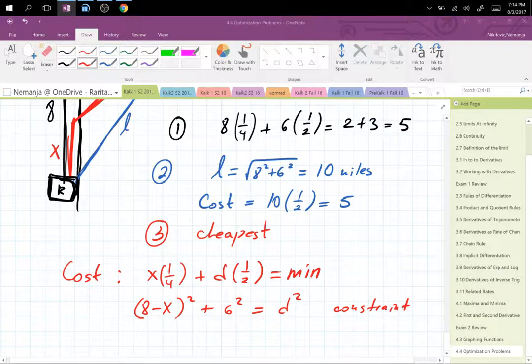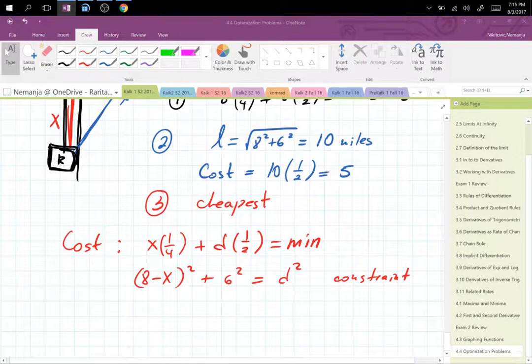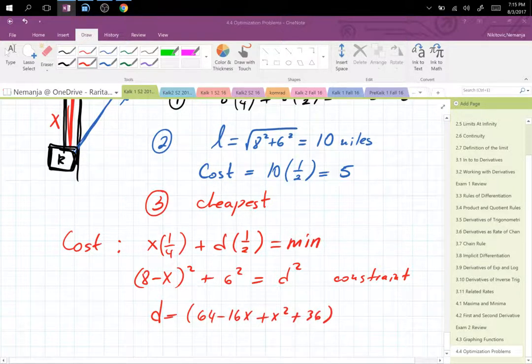You can solve for x or d in that equation, plug it in the upper equation, and hit it with the derivative. So solve the one on the bottom: d is the square root of 64 minus 16x plus x squared plus 36.